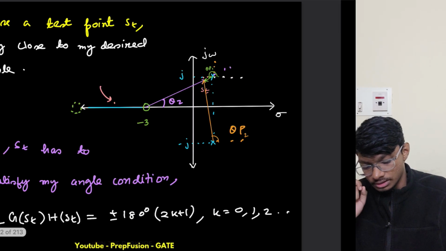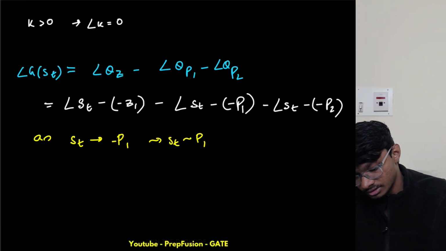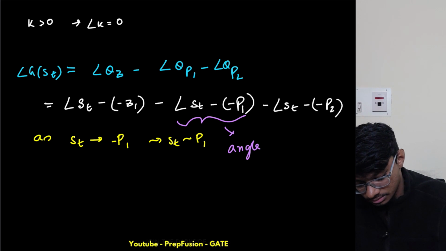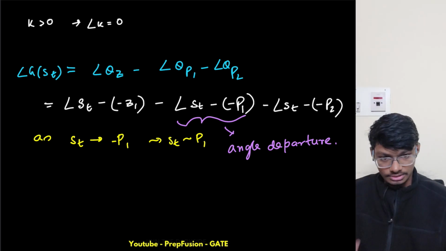So that's how we got this. So this I will replace with, basically this is the angle of departure, okay? So this is the angle of departure basically, and all the other things are simple normal things, okay?